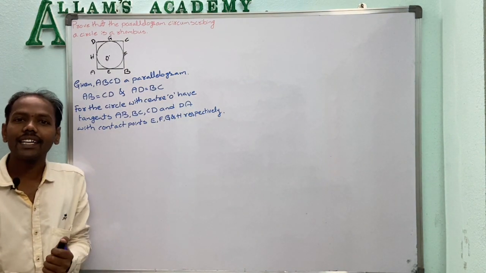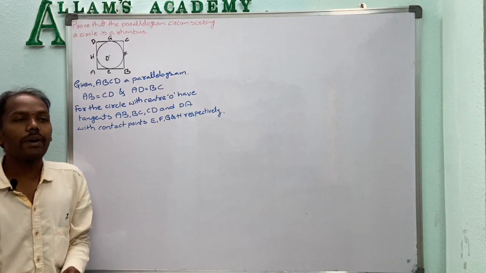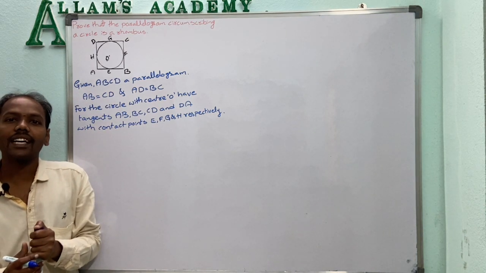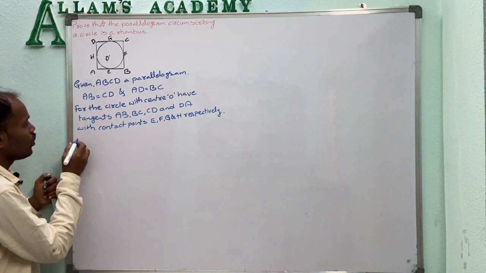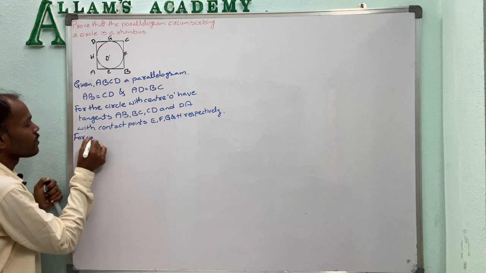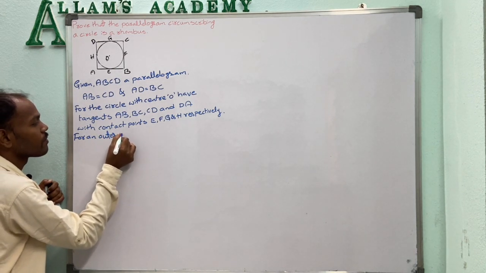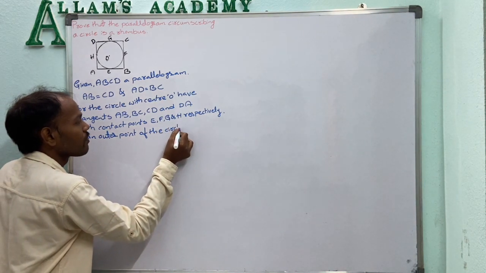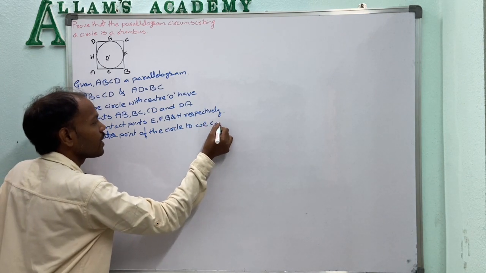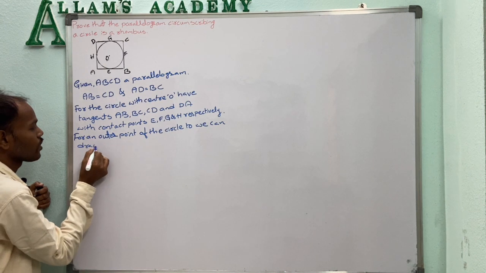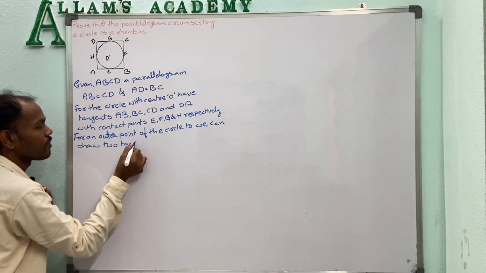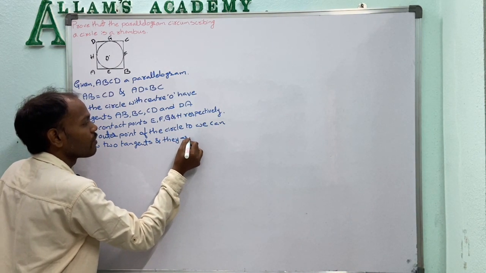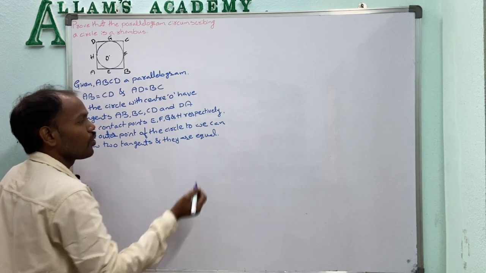So we already learnt before that from an outer point of the circle, we can draw two tangents and the lengths of the tangents are equal.